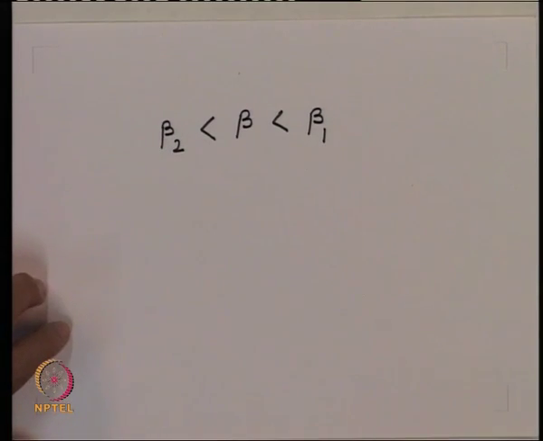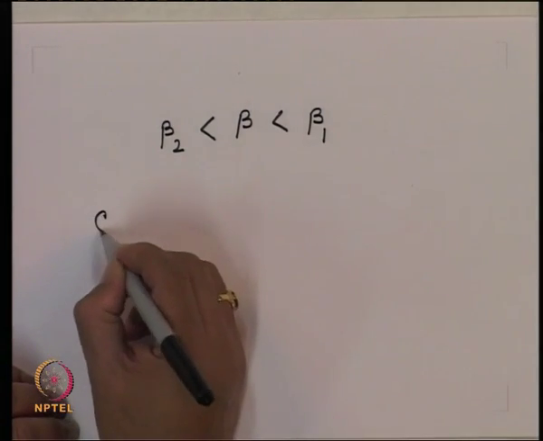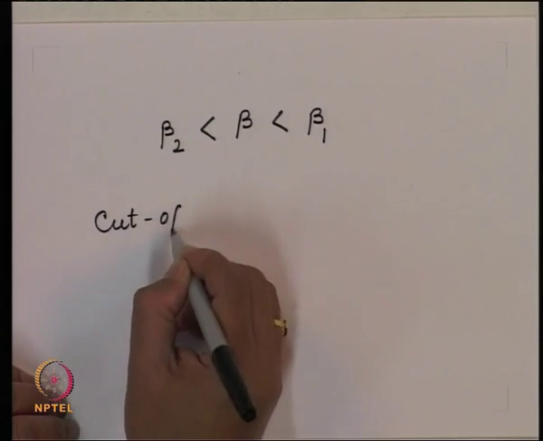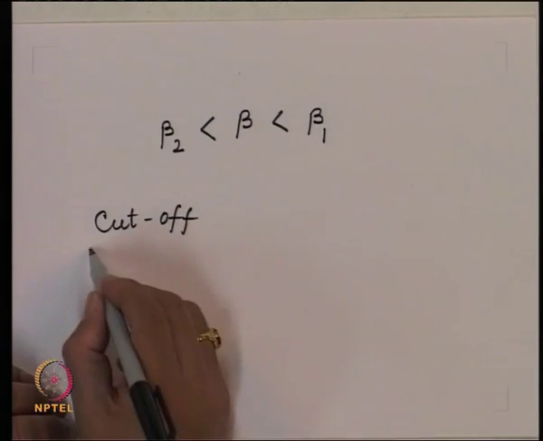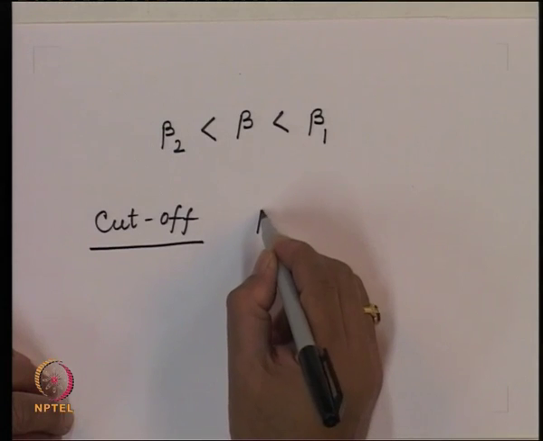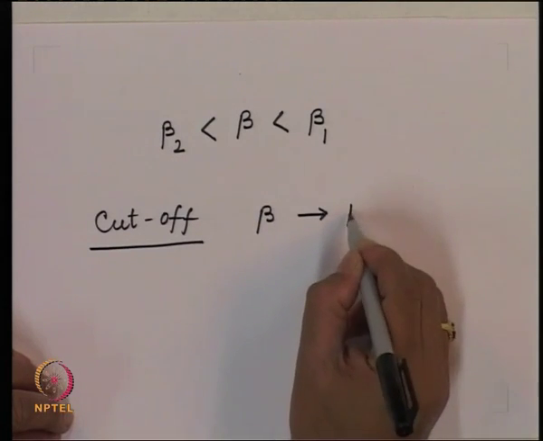So we define this condition as what is called the cutoff condition for a mode, when beta tends to beta 2.